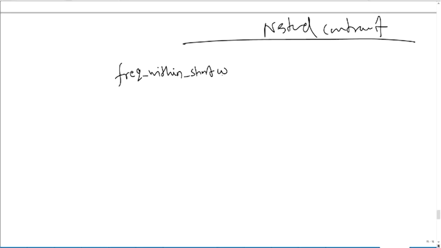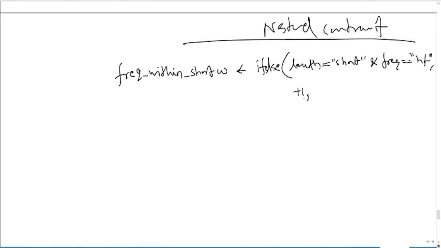Frequency within short words will be given by: if length is short and frequency is high frequency, then I will set the contrast to +1.